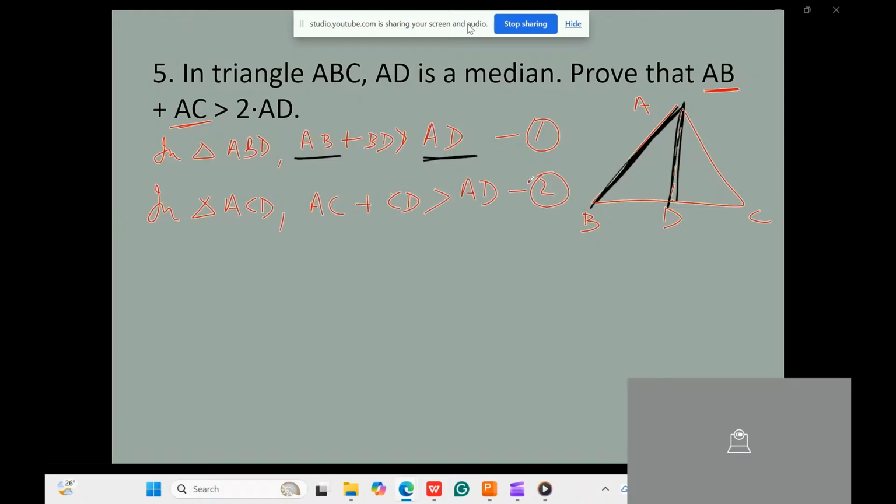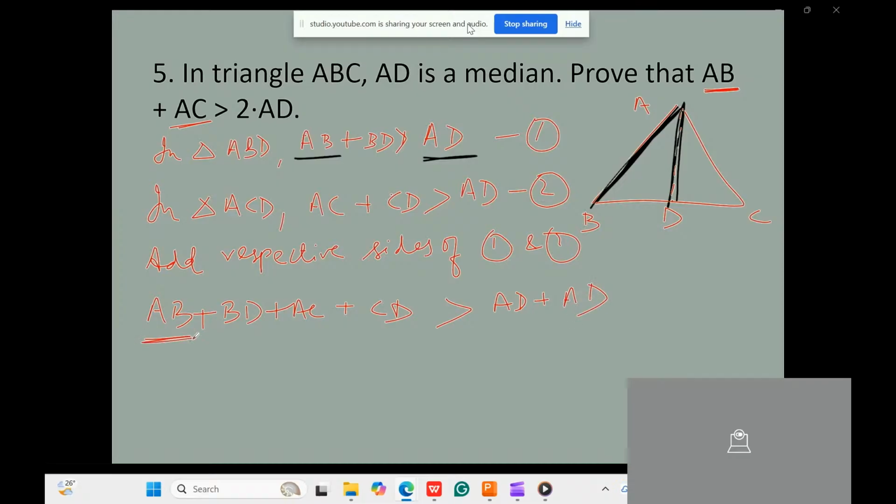Now, we will add the respective sides of 1 and 2. So, it is AB plus BD plus AC plus CD, greater than AD plus AD.